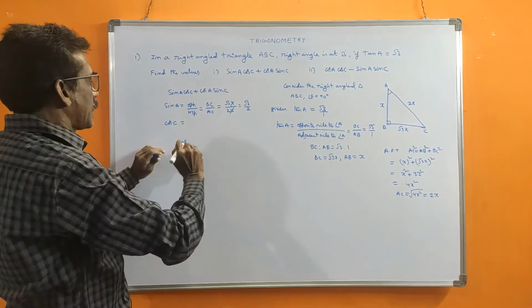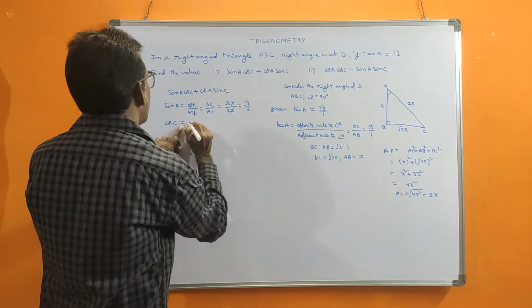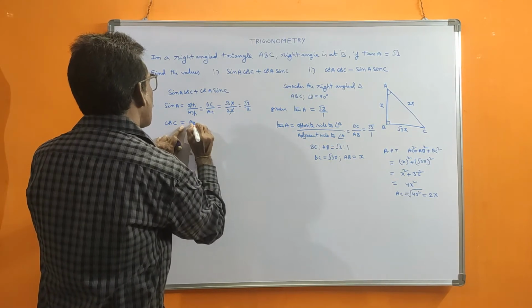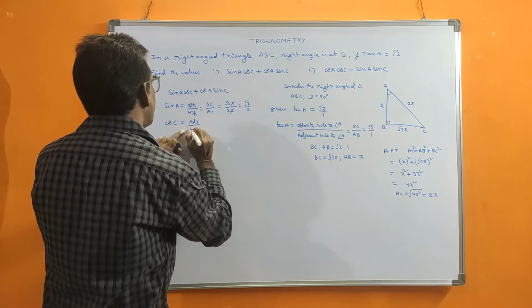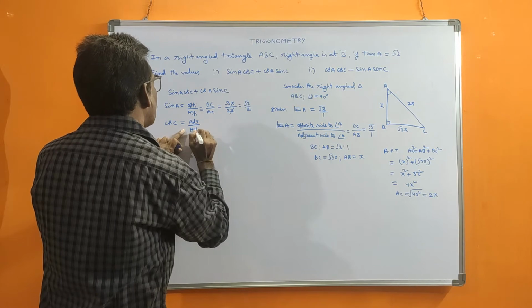Cos C. Now the angle changed. So what is the cos formula? Adjacent side by hypotenuse.